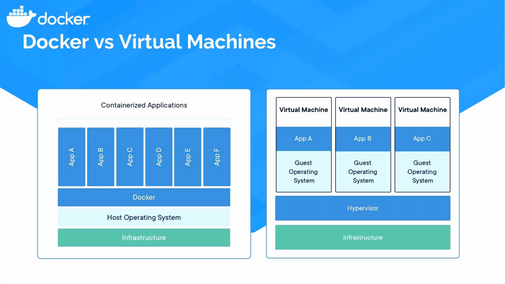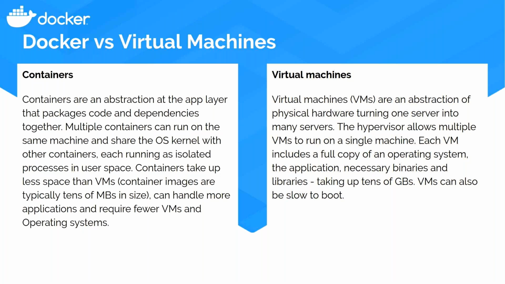Basically a virtual machine is a simulated machine running an operating system that also has some application installed and running on it. And these are basically the main differences between a containerized application and a virtual machine that runs an application.